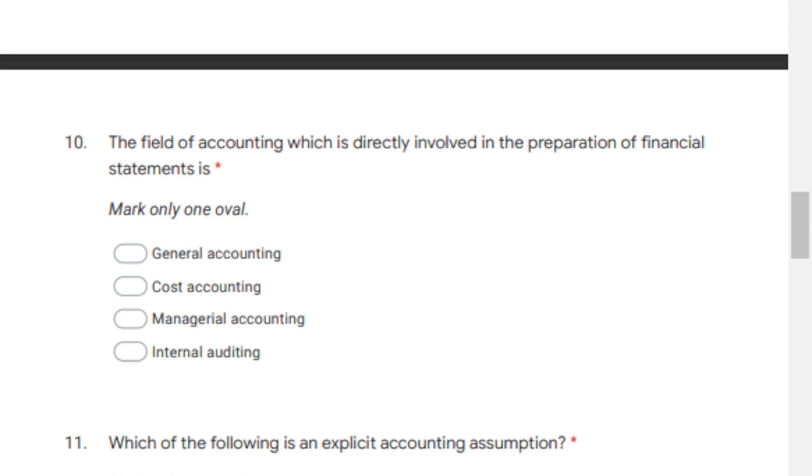Next, the field of accounting which is directly involved in the preparation of financial statement is. So our answer for this is general accounting. Next, which of the following is an explicit accounting assumption?